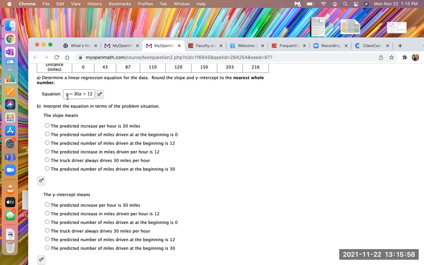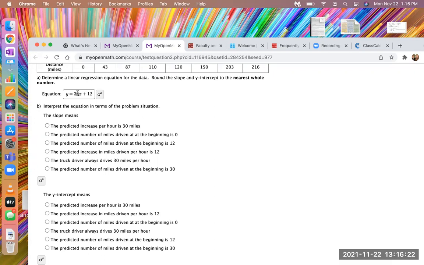That's what this equation does. That's what you usually want a formula for, to use previous data to predict what might happen in the near future. That's our main thing we like to do for this.